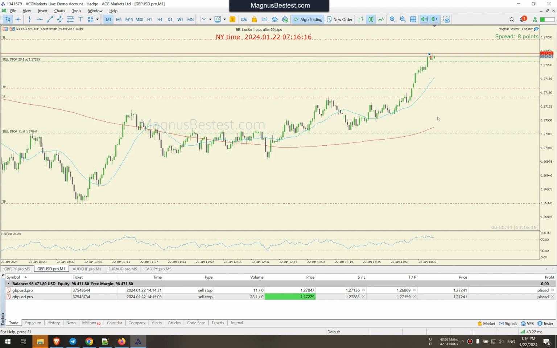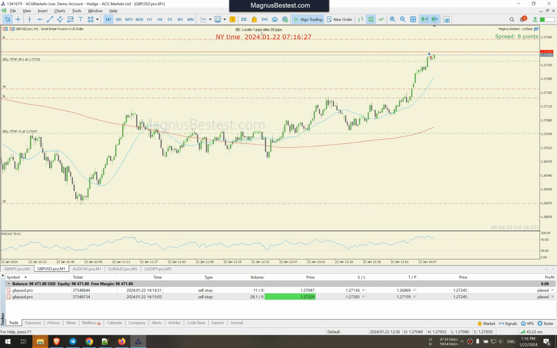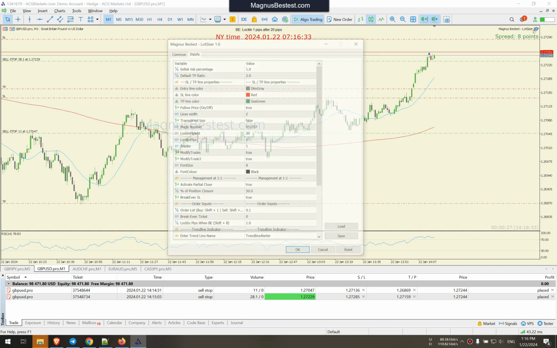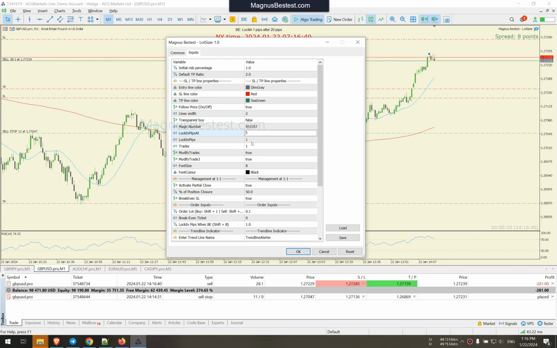Meantime, I'll explain my other features that I added. By default already, you can set up the break-even stop loss. Here we have now 20 pips. After 20 pips, or for example after 5 pips, you can choose how many pips you want to lock in.